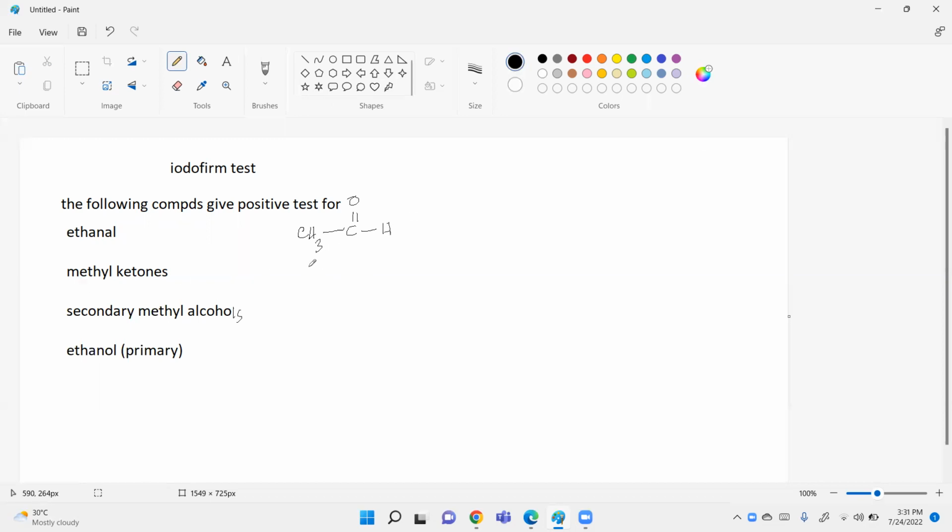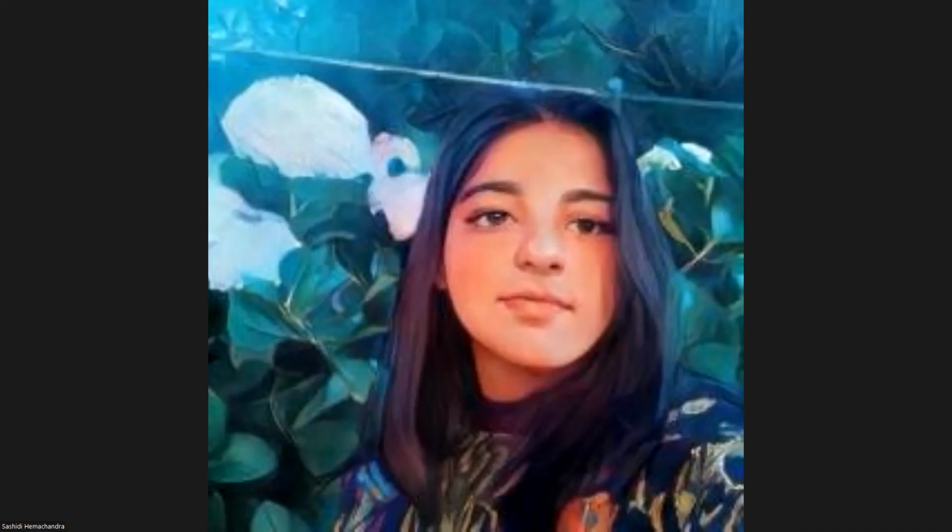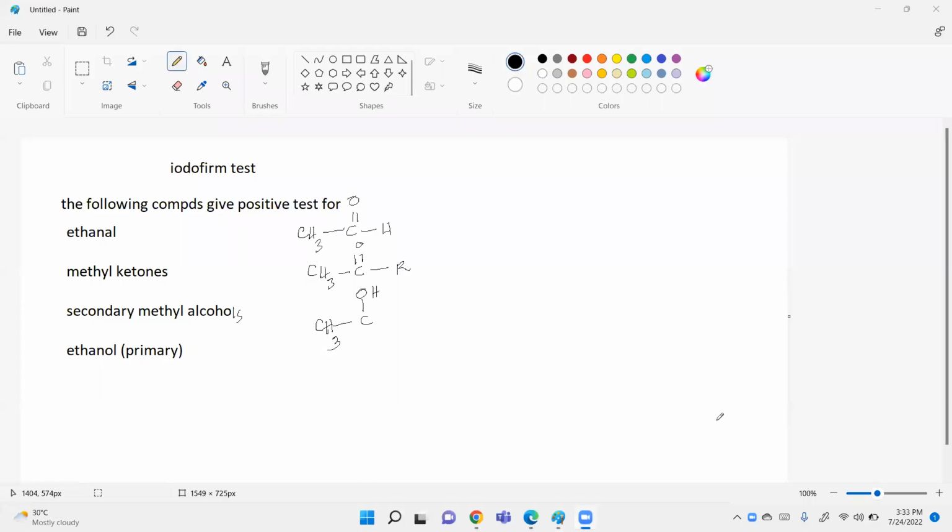Methyl ketone means there should be a methyl group attached to the carbonyl group, and afterwards there can be any alkyl group. Secondary methyl alcohol means again there should be a CH3 group attached to the alpha carbon.